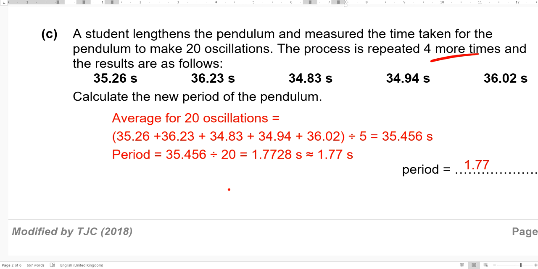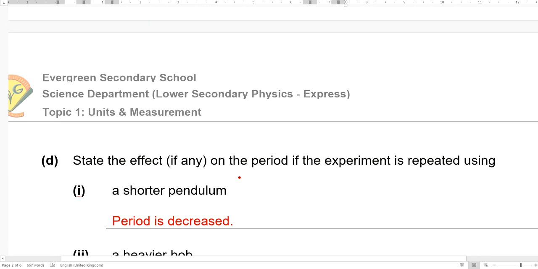No, it doesn't. And that is where we come to the last page. When we repeat the experiment with a shorter pendulum, the string becomes shorter, the period will decrease. Period refers to the time taken for one oscillation.